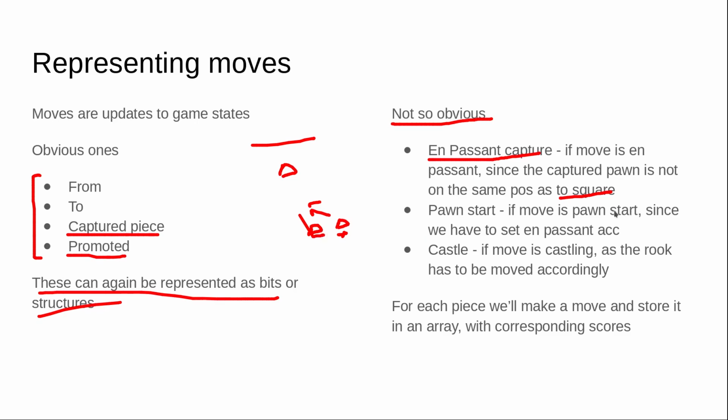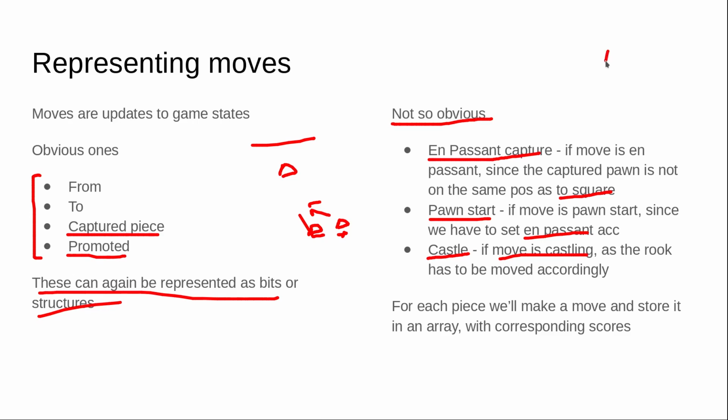And the other important thing is your pawn start. If a move is a pawn start, then we have to set the en passant square accordingly in your game state structure. And then we have some bits reserved for castling moves.